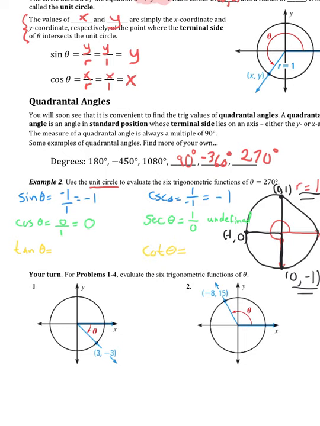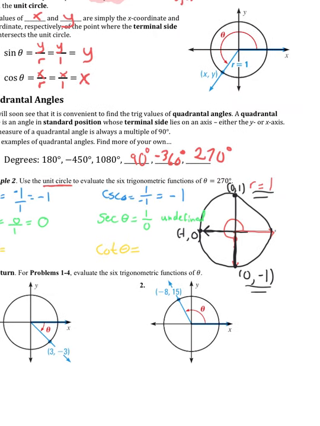The radius is always going to be a +1, but the point where this falls is -1 right here. And then if it was a 360-degree circle, it would be (1, 0), because I'm a distance of 1 from the center, but I'm in a positive x direction. Okay. Does that make a little more sense?